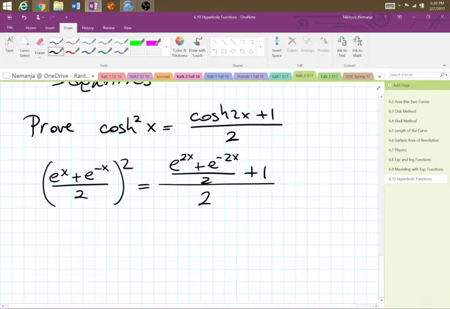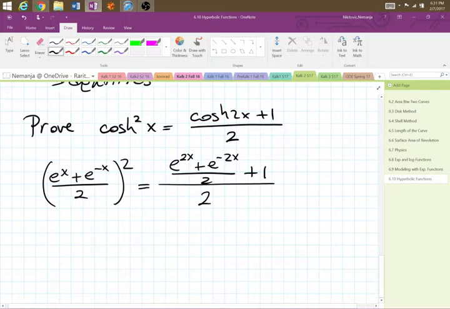Now observe that the argument of the cosine hyperbolic was 2x, and now the exponents on the e's are 2x. So technically here I'll write it on the board. Cosine hyperbolic of a heart is equal to e to the heart plus e to the negative heart over 2. There we go. I usually use a flower, but Singles Awareness Day is coming up, so I'm just going to use the heart.